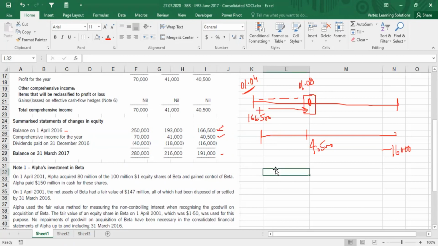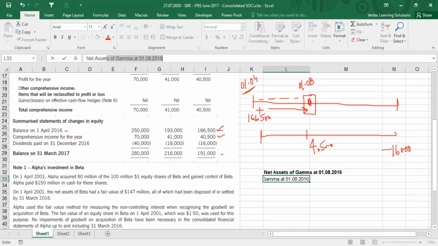So I would say that net assets of gamma at 0108/2016, like 1st of August 2016, should be net assets at 1st April, and I would say add profit for 4 months.